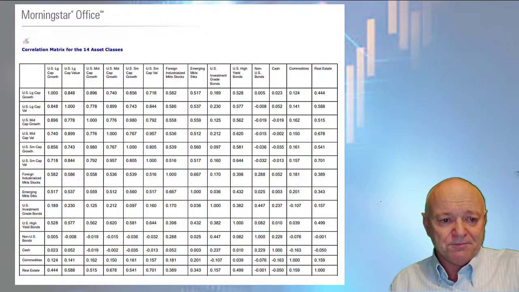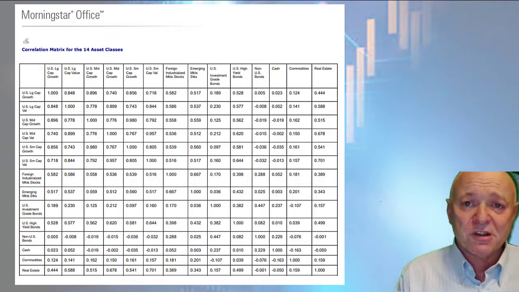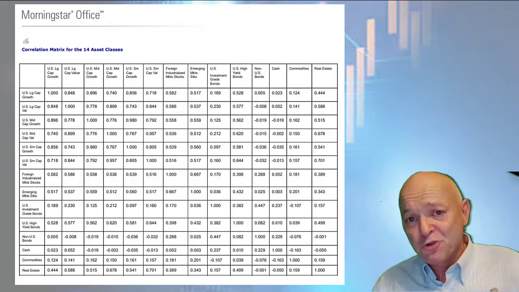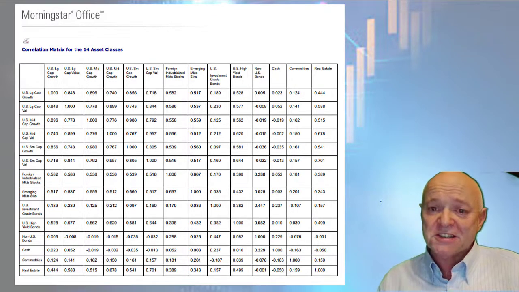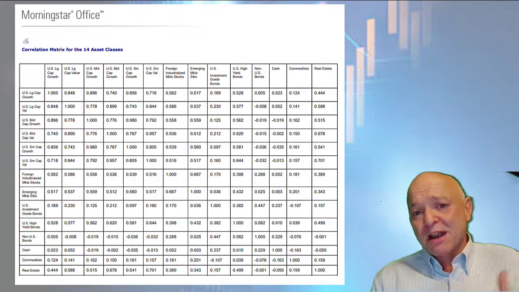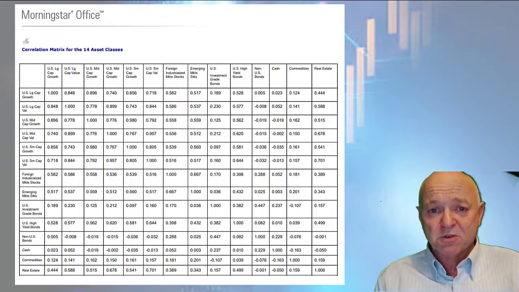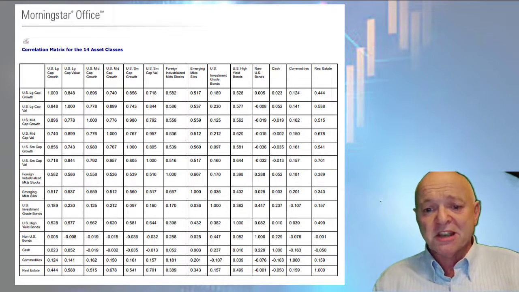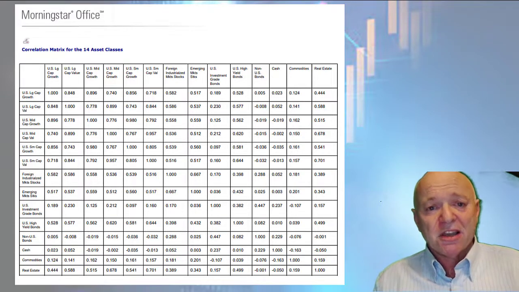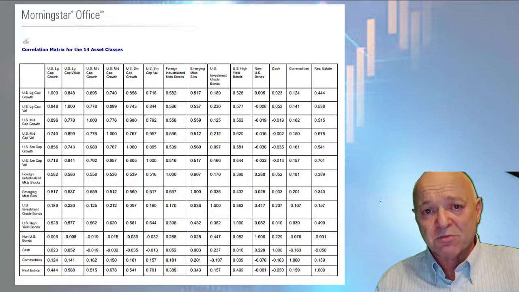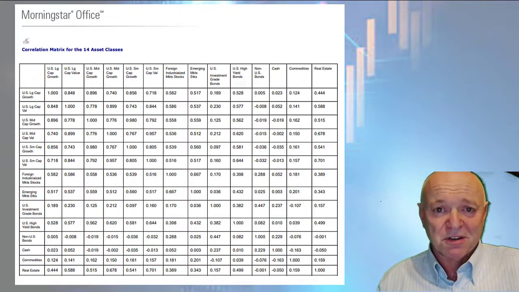So, as I say, that's why we come back to different classes of assets and decide how to put together a portfolio and to create new minimum variance portfolios by saying we have a lot of exposure to U.S. equities. Perhaps it's time to add some U.S. bonds or some foreign bonds or some emerging market bonds or real estate, commodities, cash, in order to create a portfolio which gives us the best return for the lowest amount of risk.